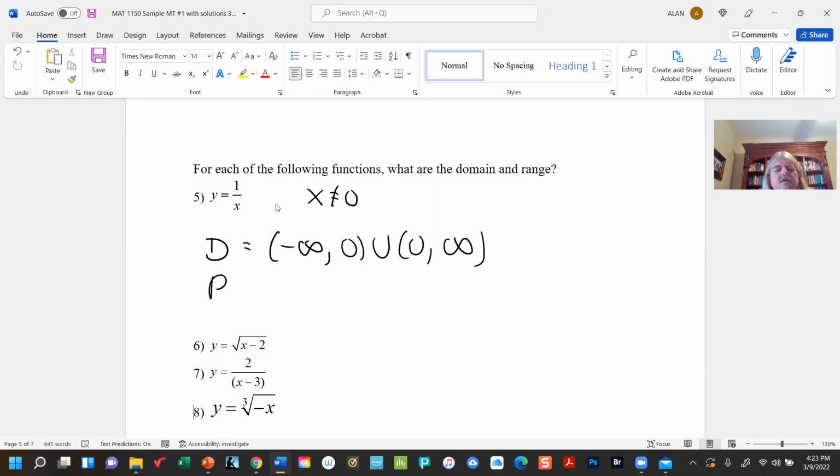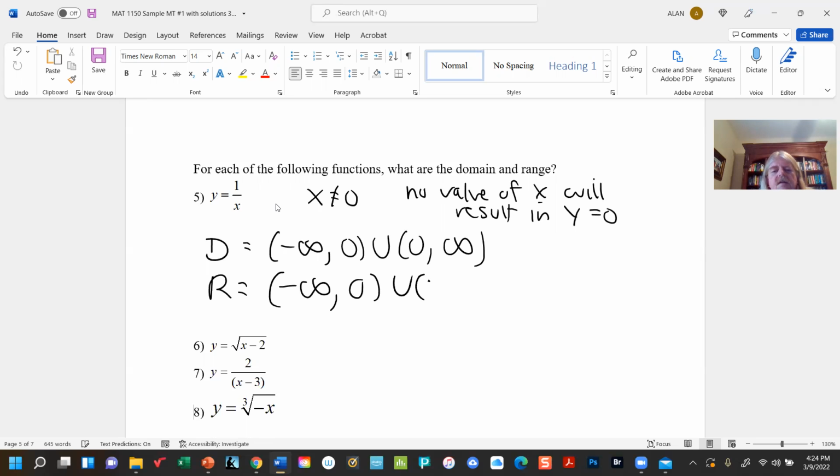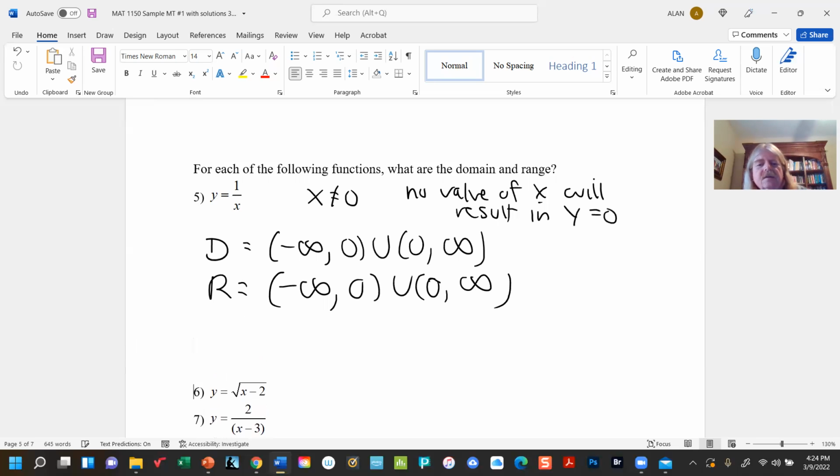The range is trickier, but when you have a ratio like this, what we note here is that no value of x will result in y equals 0. And so therefore, they're both the same. Everything except 0. In fact, when I drew it earlier, there's actually both a vertical and a horizontal asymptote.